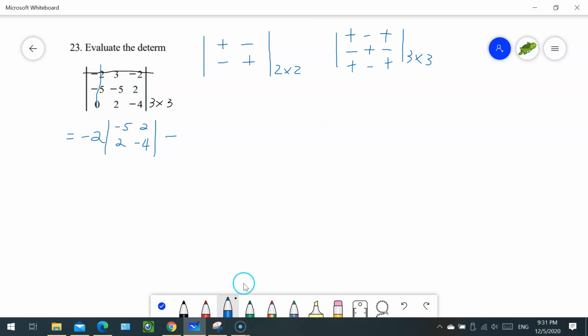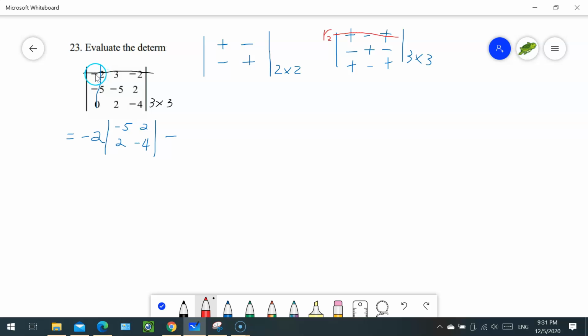So if you take row 1 as the cofactor form to find the determinant, for the first term we keep the positive. In this example, just because the -2 is a negative value.